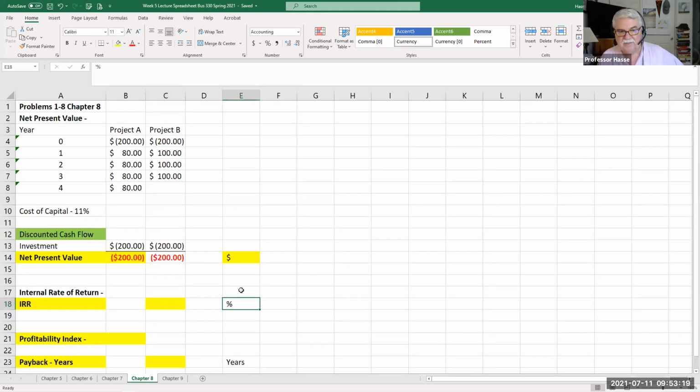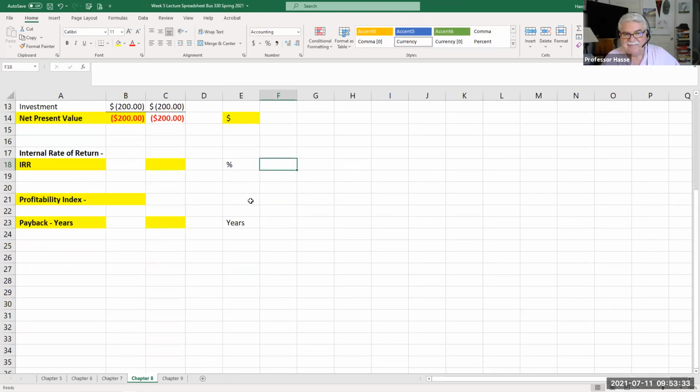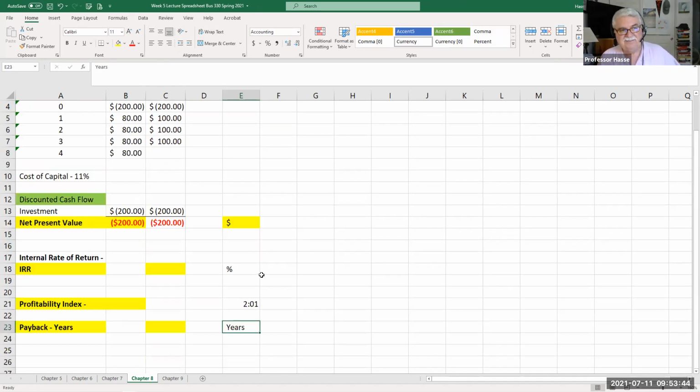The profitability index is determining it in a ratio. And the payback is determining it in years. How long until we get our money back. Same numbers, four different ways of looking at it: dollars, percentage, ratio, years.